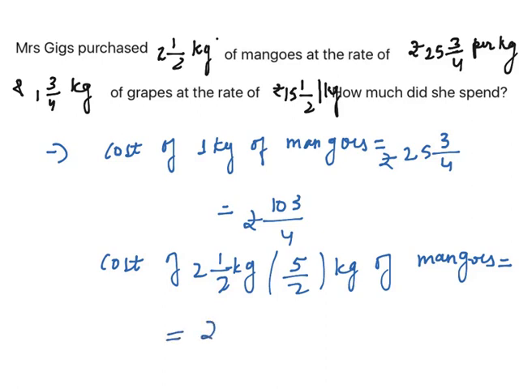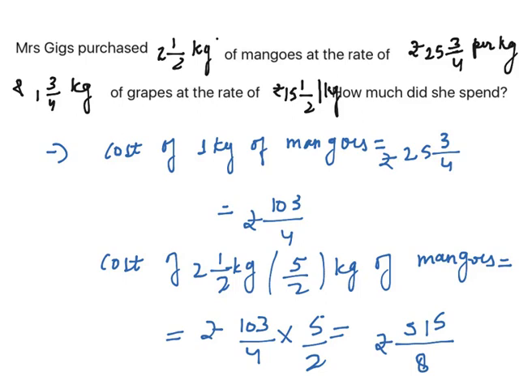So it will be rupees 103 by 4 times 5 by 2. Here we multiply, we get 5 times 103 is 515, so 515 by 8. So the cost of 5 by 2 kg of mangoes is 515 by 8.